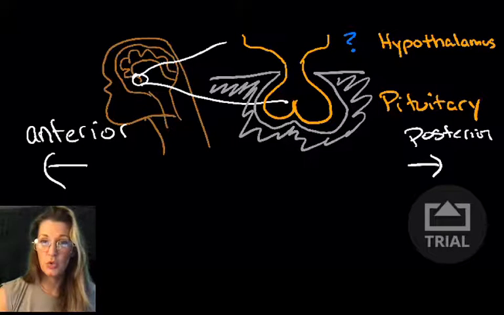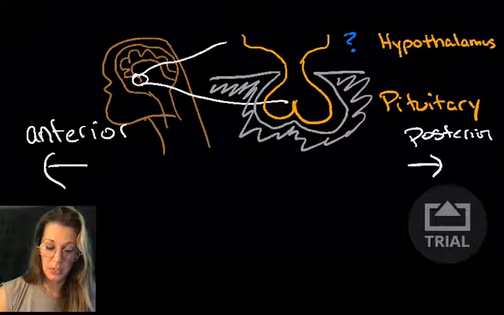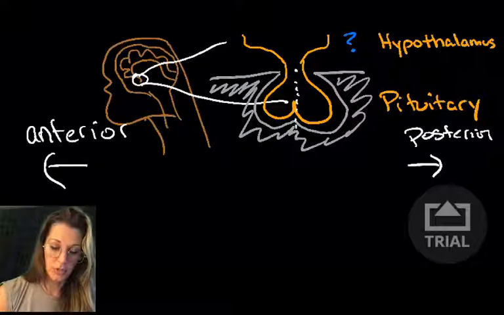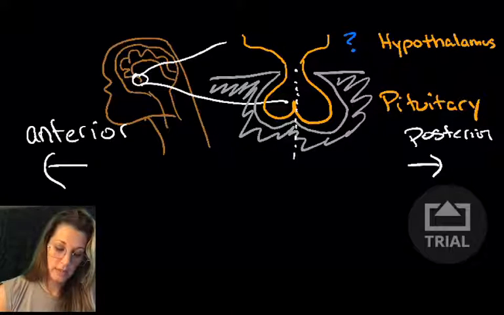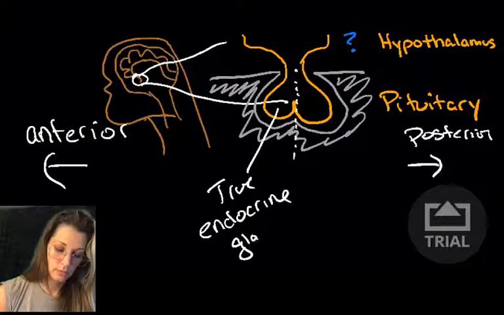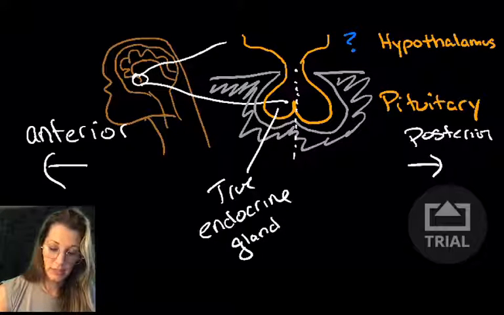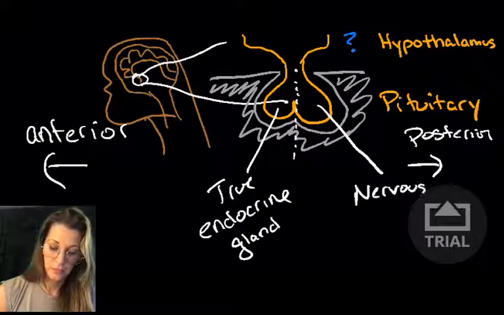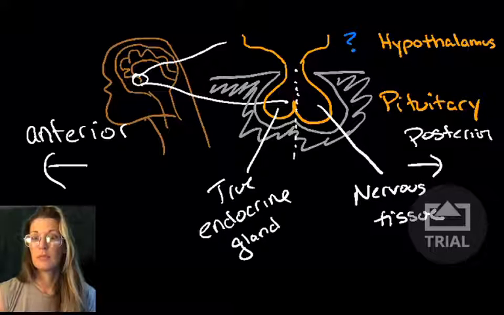So we have two fused glands that make up the pituitary gland, and the anterior pituitary is the one that is a true endocrine gland. The posterior pituitary is actually nervous tissue.